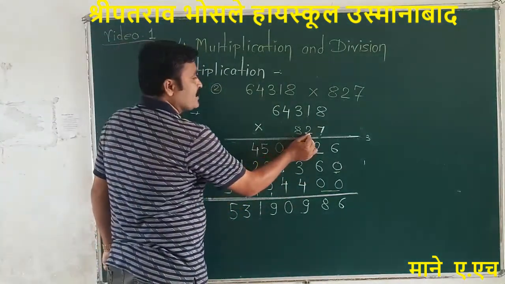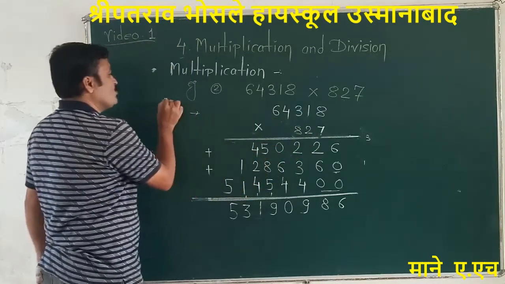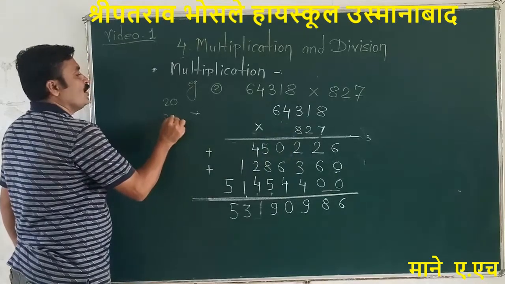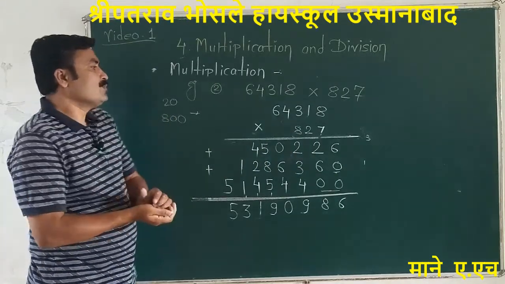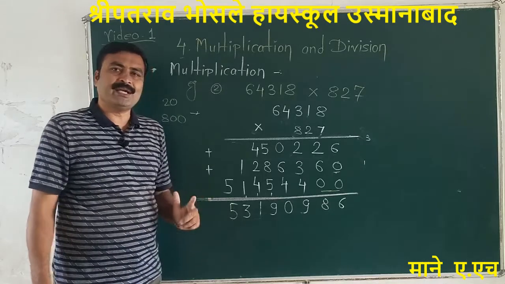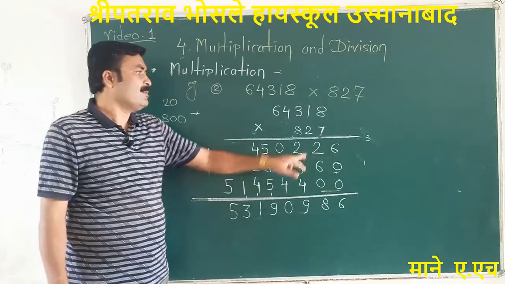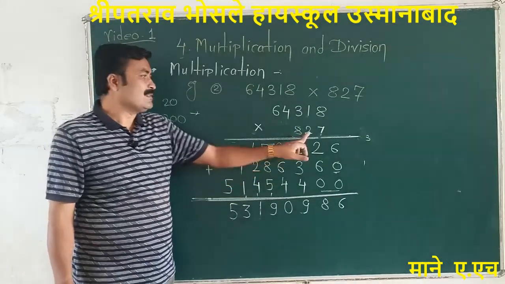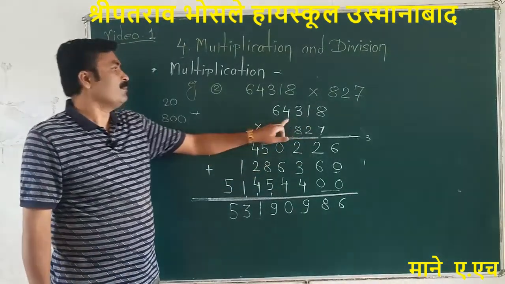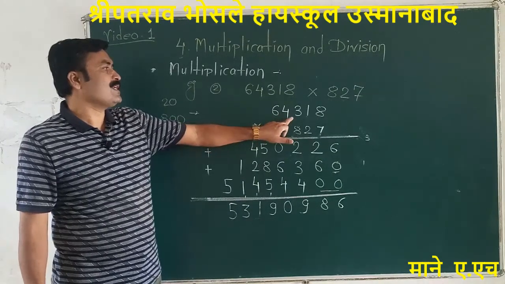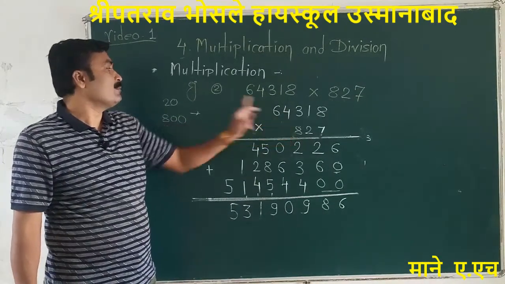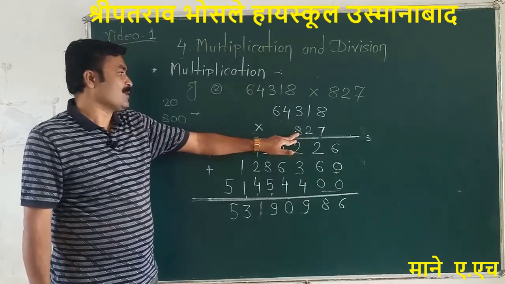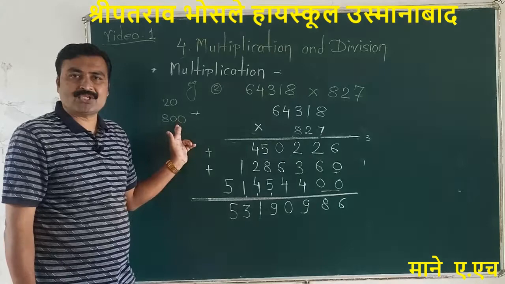The place value of this 2 is actually 20 and the place value of this 8 is actually 800. To carry out the multiplication easily, we multiplied by 2 and 8 only. But the basic fact is that instead of 2, the above number, 64,318, should be multiplied by 20, and instead of 8, it should be multiplied by 800.